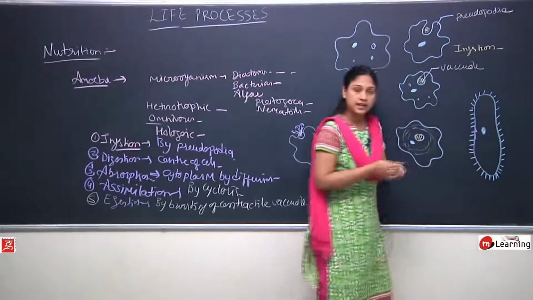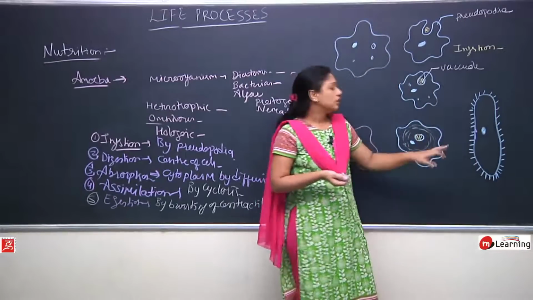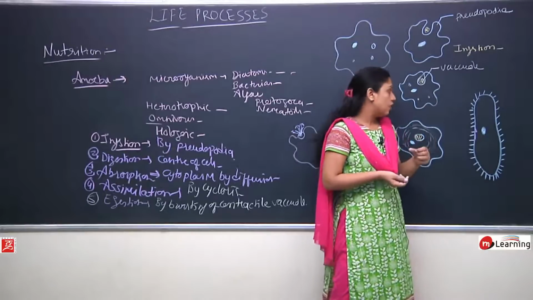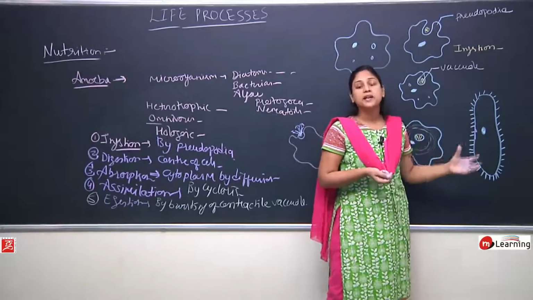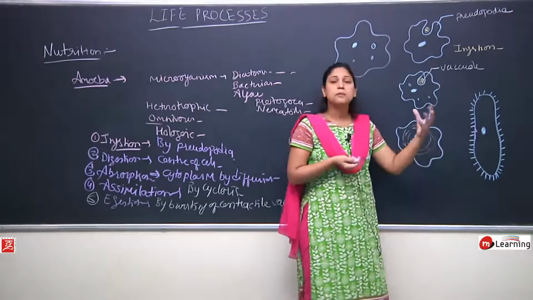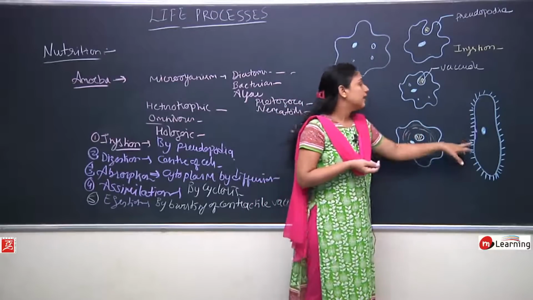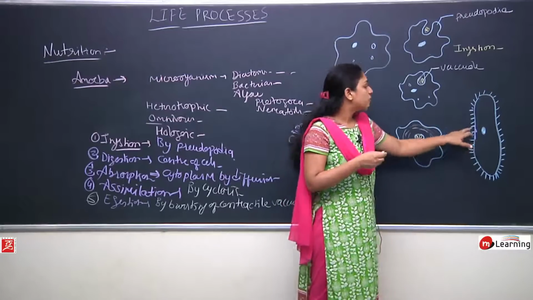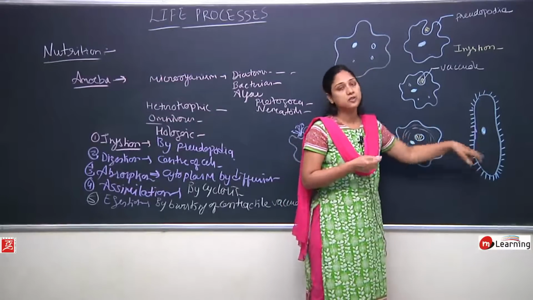One opening is there on the cell, and via this opening the food comes inside. Whenever a paramecium sees its food, its cilia beat very fast and it reaches the food, and then by the beating of cilia the food comes into the pharynx or gullet.